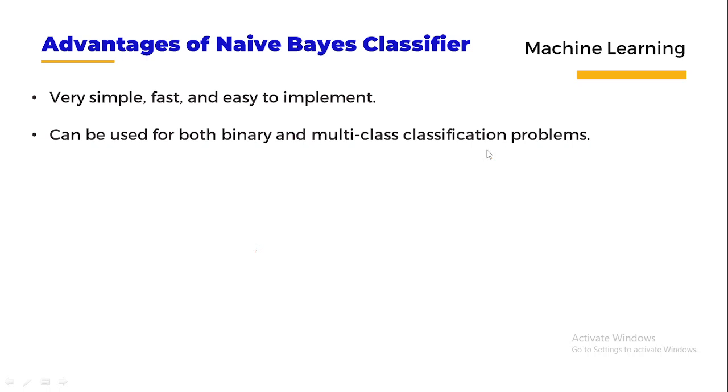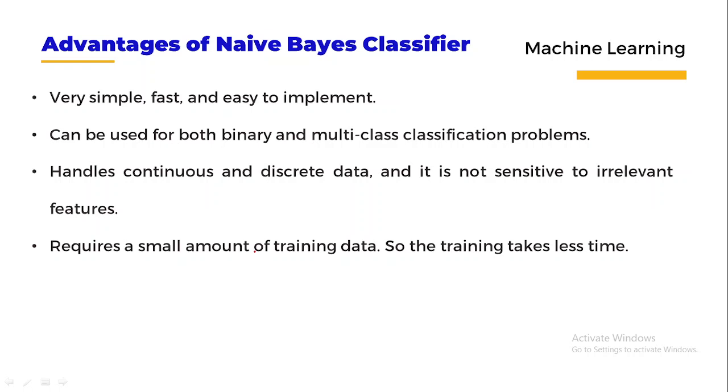With data, the training takes less time. Here we are assuming that the features are independent. If independence holds, the classifier performs better compared to other machine learning algorithms like logistic regression and decision tree.